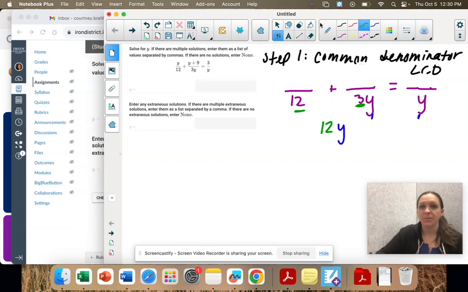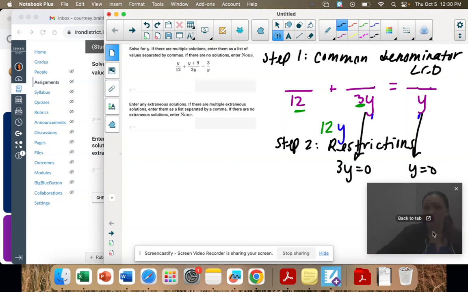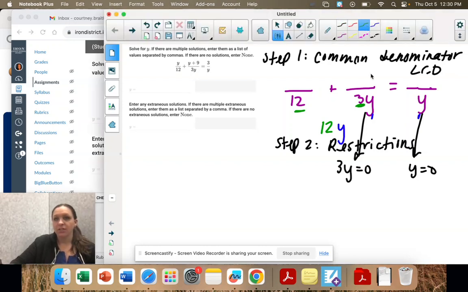Okay, step 2 is we take those denominators again and we find our restrictions. Anytime there's a variable, we take that denominator and set it equal to 0. We're finding out what would make the denominator 0. Well, this one shows us if y equals 0, that's bad.